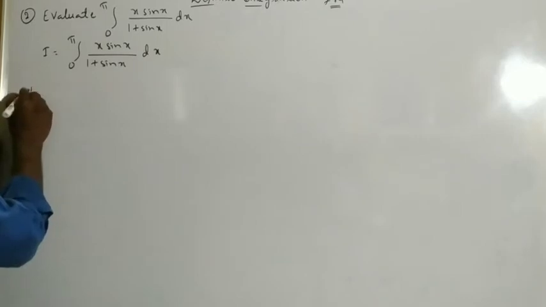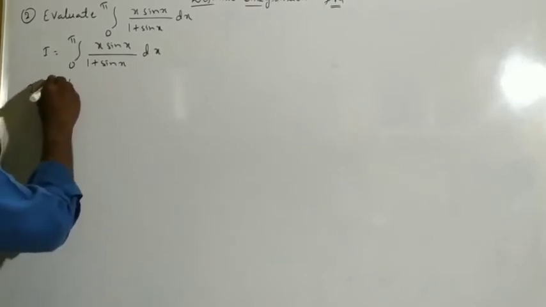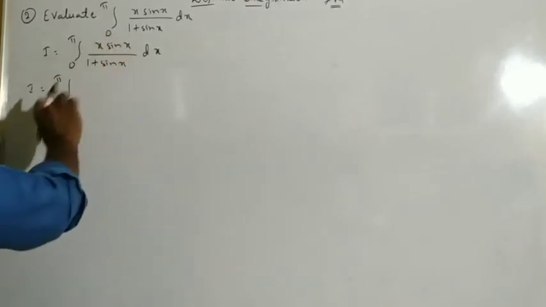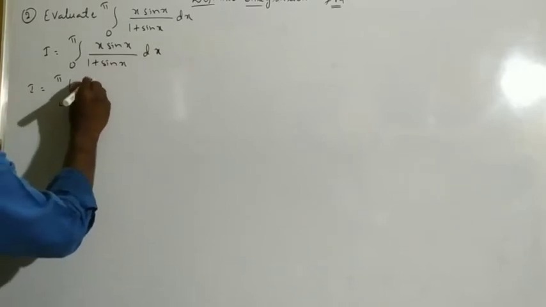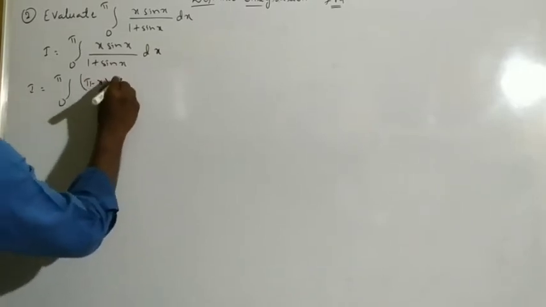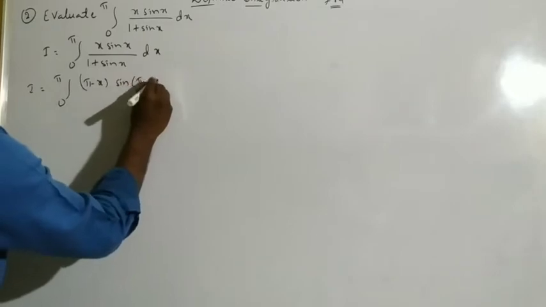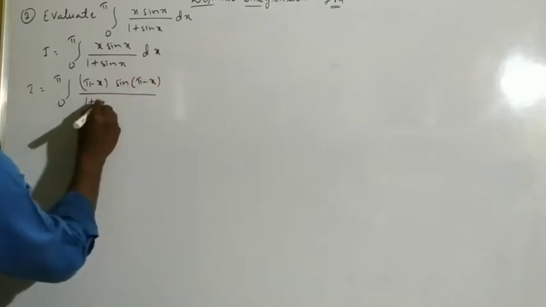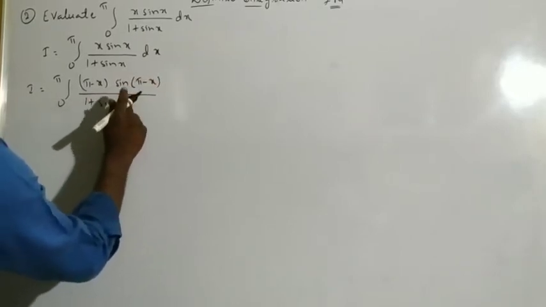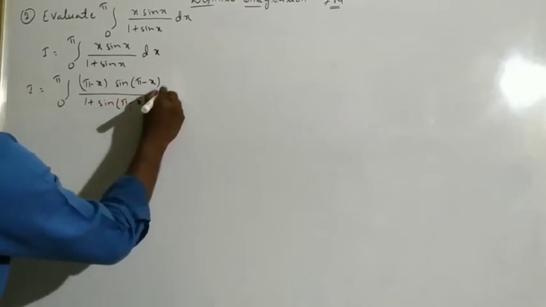This we can write from 0 to pi. This pi I am going to write as 0 and pi. So pi minus x, sin of pi minus x by 1 plus sin of pi minus x dx.